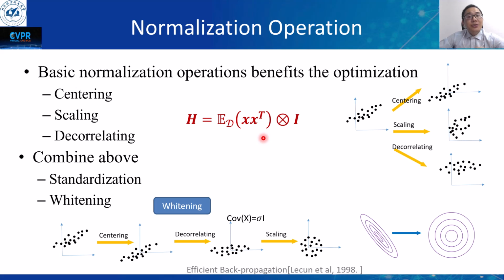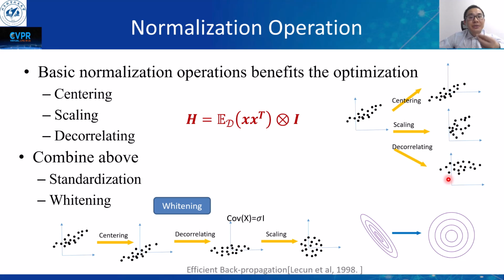There are three intuitions. For example, centering, scaling, and decorrelating can benefit this, as shown in the previous paper. The centering operation makes sure the input has zero mean. Scaling ensures the distribution of each dimension has the same variance.